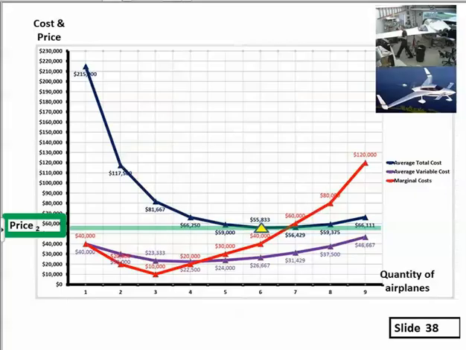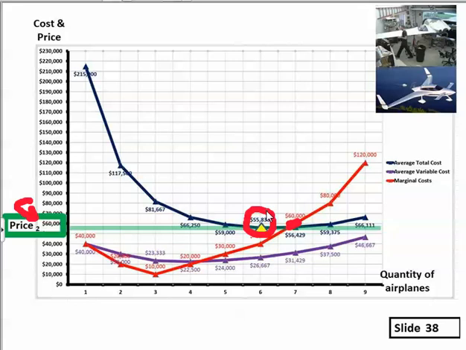Okay. So what happens if the price falls a little lower? Here the price has dropped now from $80,000 down to $60,000. Well, if we take a look, we have our marginal cost over here, and we find that our lowest average total cost occurs right here.